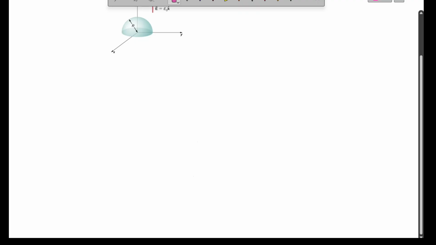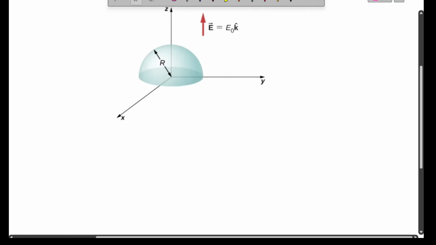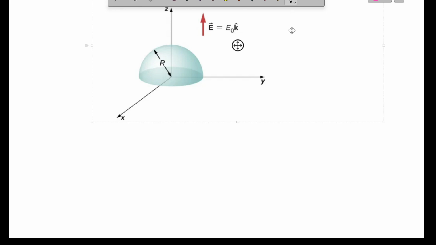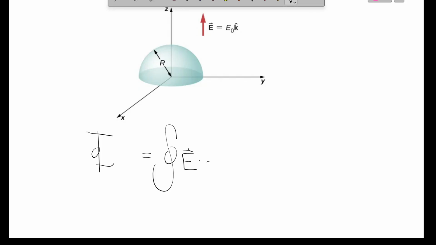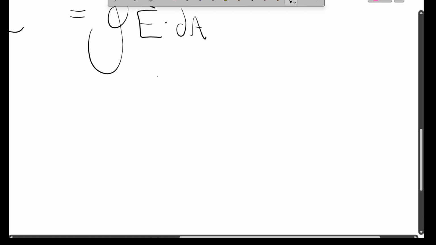All right, well, now that we've looked at the purpose of dotting the electric field vector with the area vector, and we look back at the flux formula, which is E dot dA, I also want to look in isolation for a moment at what happens if there's a constant electric field.